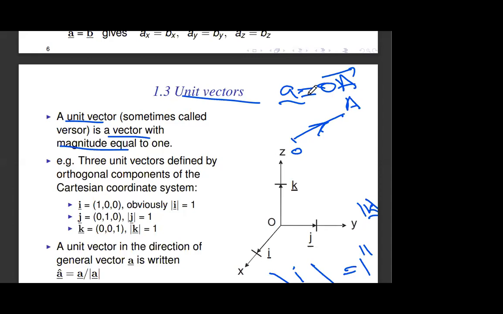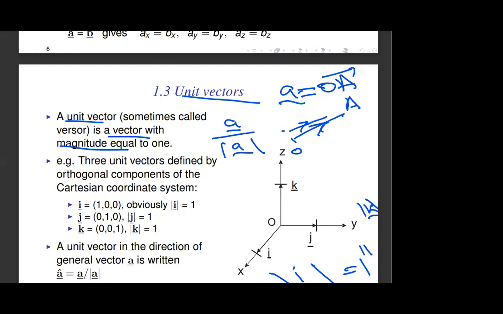The unit vector along this OA vector would be this vector divided by the magnitude of vector A.